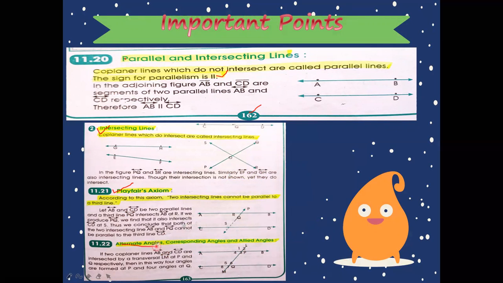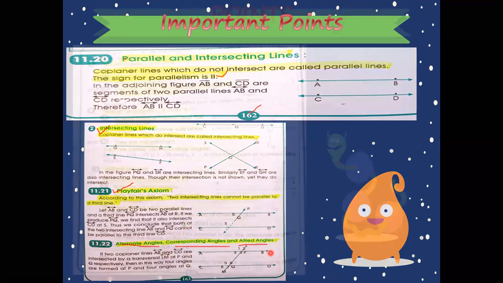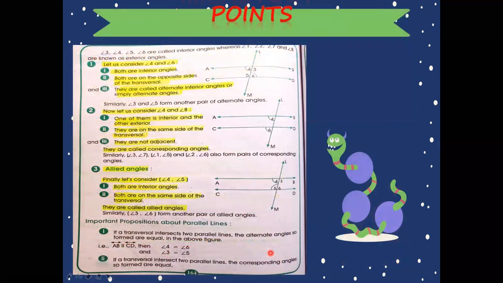Then you have alternate angles, corresponding angles, and allied angles. The conditions that you have learned today are also written in your book on page number 164. So here, angle 4 and angle 6, both are interior angles, and both are on opposite sides of the transversal. They are called alternate angles.